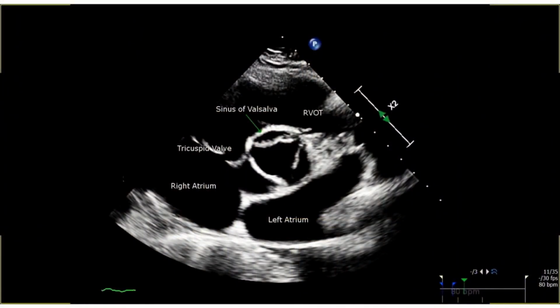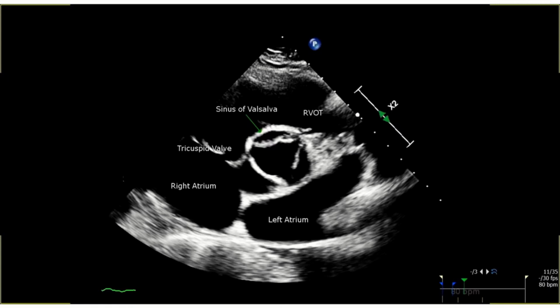And these are all the structures that we see there. So there is the aortic leaflet. That is the sinus of Valsalva, and we look at the size of the sinus of Valsalva because some people can have a congenital abnormality, which is rare, but exists, the sinus of Valsalva dilation, and that also can rupture, not just the ascending aorta. There is the tricuspid valve there, the right atrium, the left atrium.